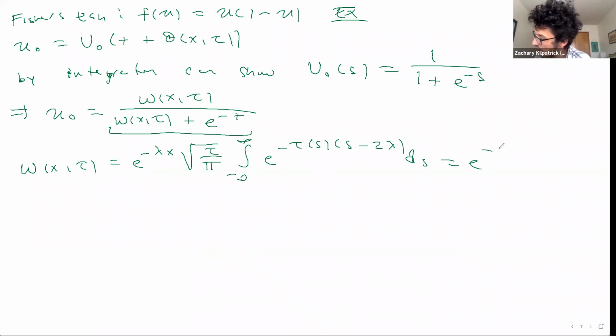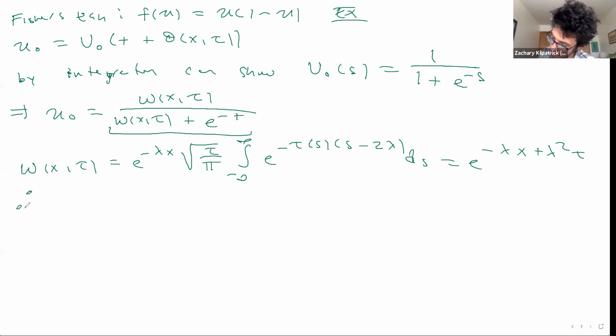If you work this all out, you just get e to the minus lambda x plus lambda squared tau. And because you pick up this Gaussian in here, that eliminates your pi out front from that Gaussian integral.